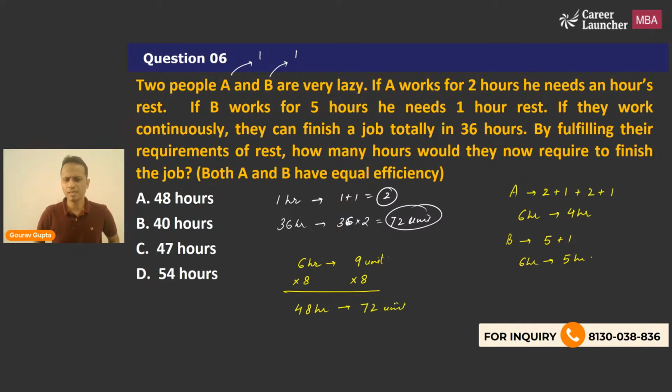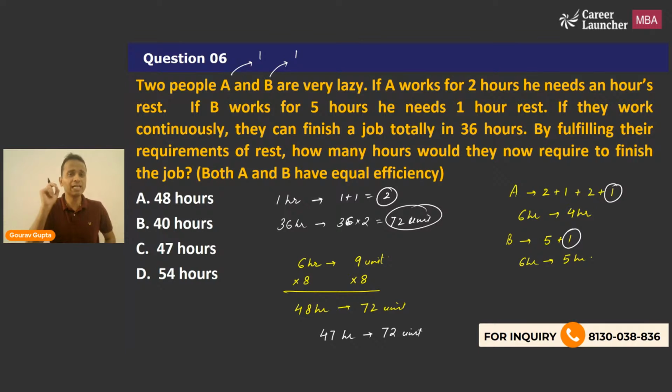Okay, right? Now, think logically, what has happened in this last 48th hour? In the last 48th hour, both A and B must have taken rest. Now, should we include this? No, the last resting hour will not be included. After 47 hours, it is the first time when 72 units of work will be finished.